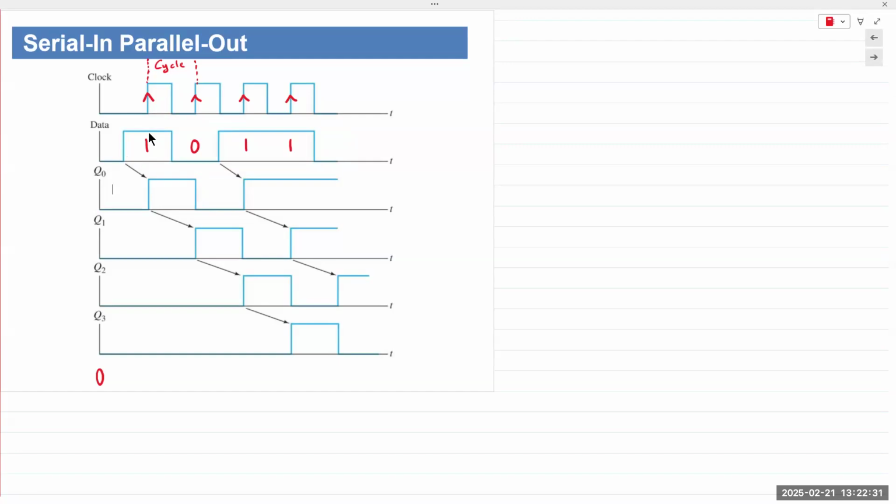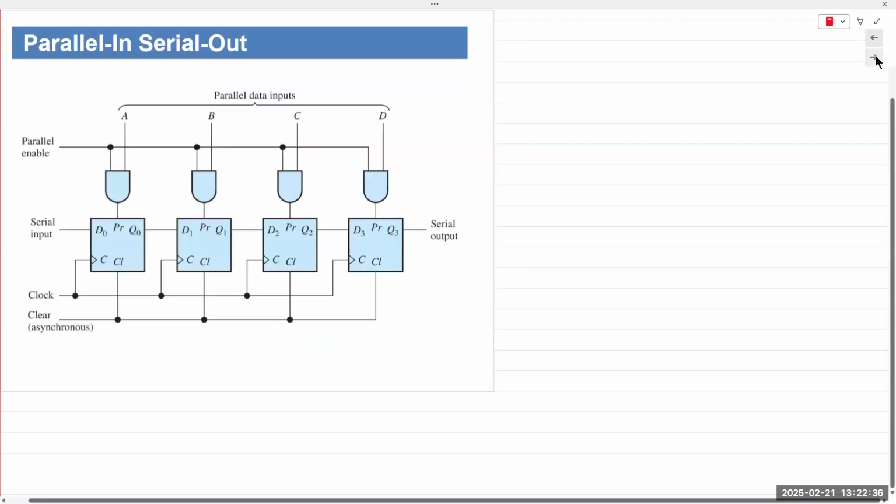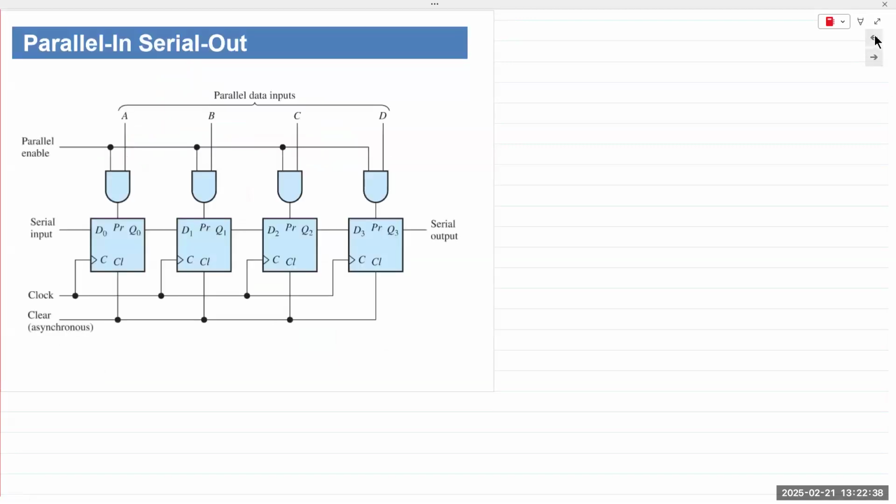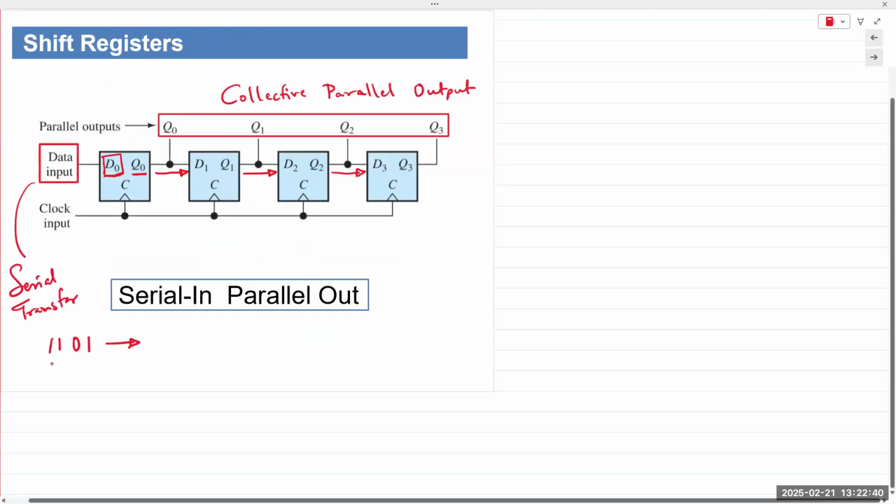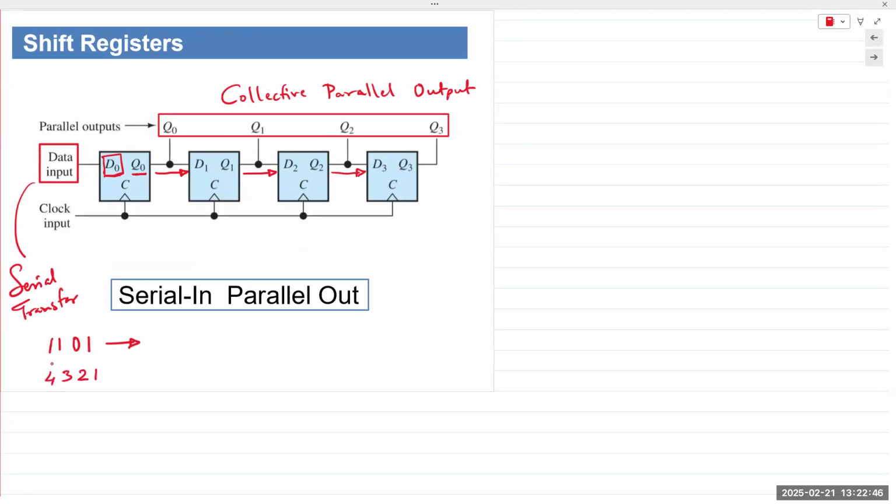Make sense? If you wish to send in 1, 2, 3, 4, this is how we would send it. We would send 1 first, then 2, then 3, then 4. That's what it is. Okay.